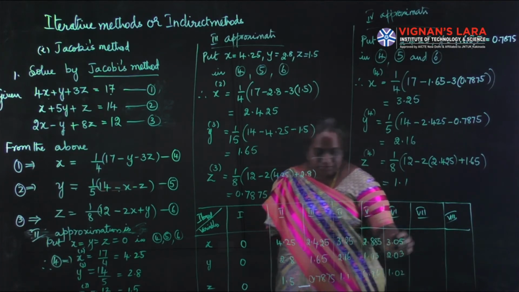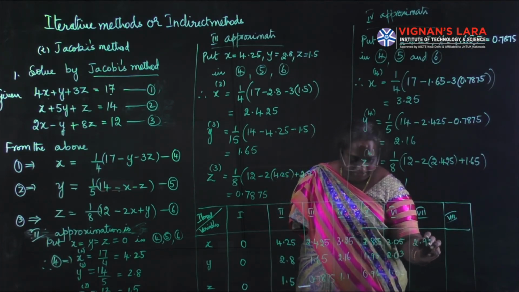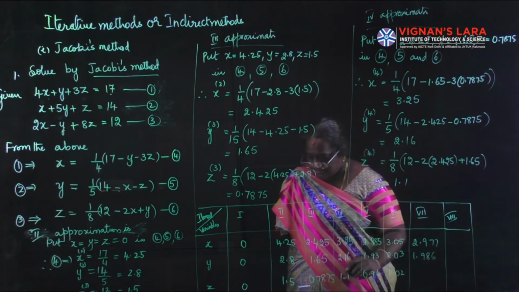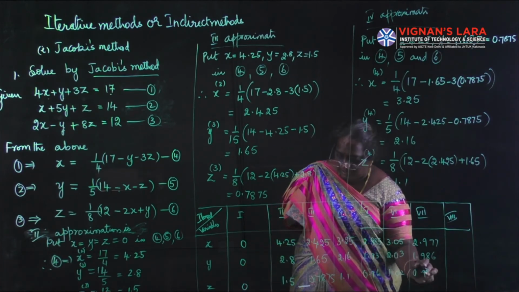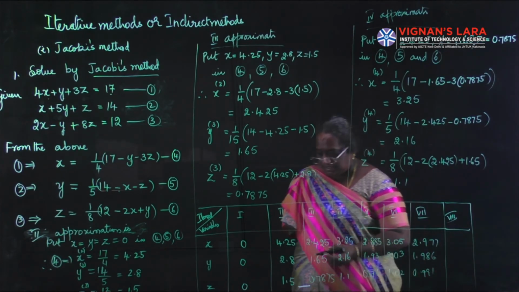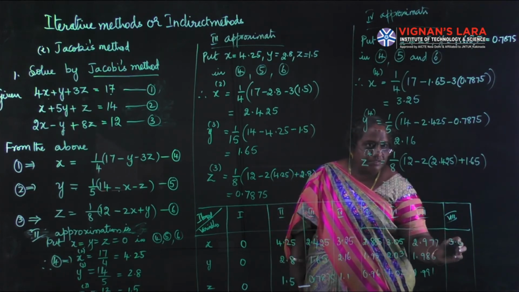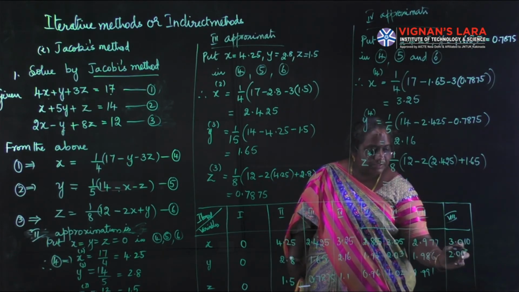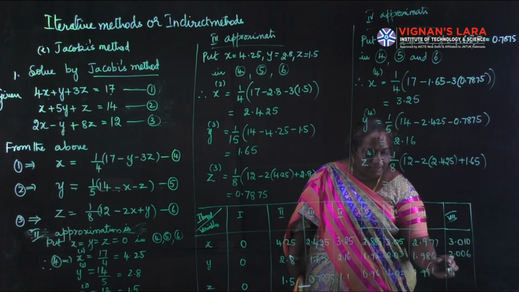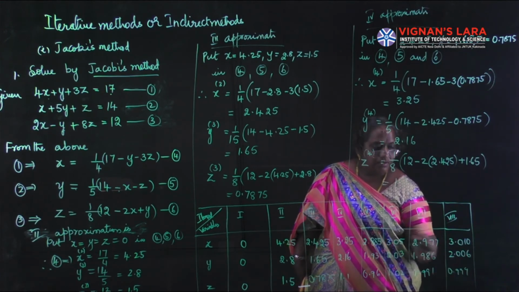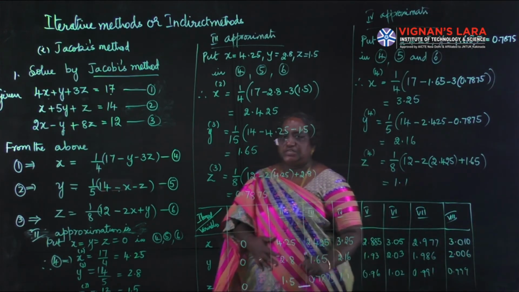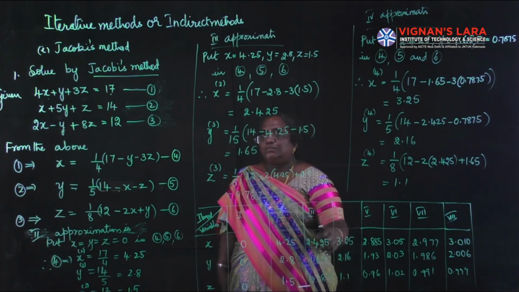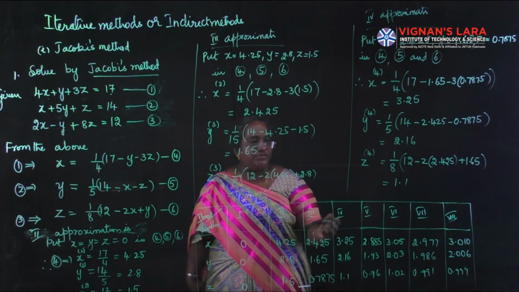For the seventh approximation, 2.977, 1.986, 0.991. Next, for the eighth approximation, 3.010, 2.006, 0.999. So in general, if they don't mention the number of iterations, we stop with the fourth iteration, because the process is lengthy.